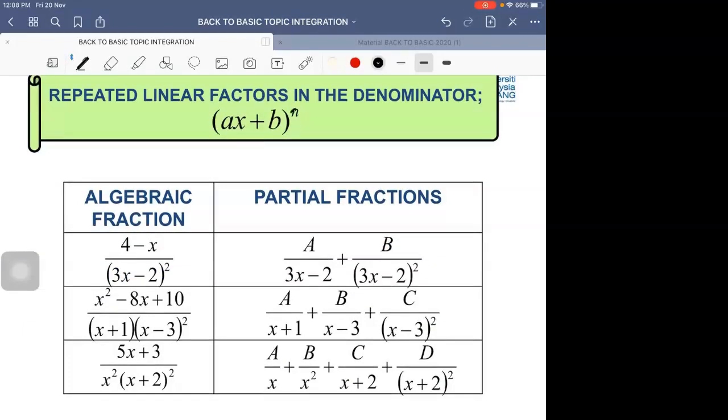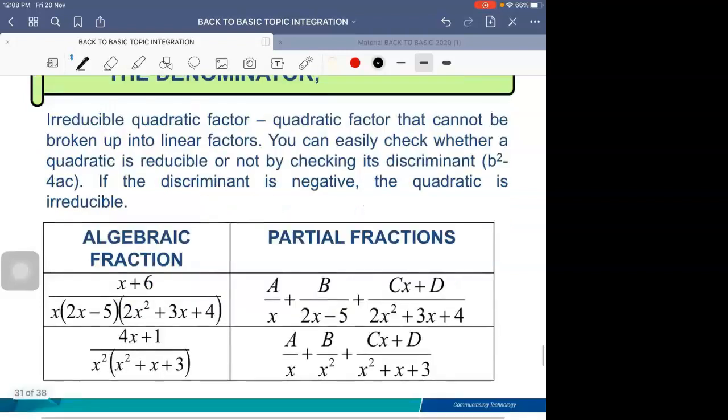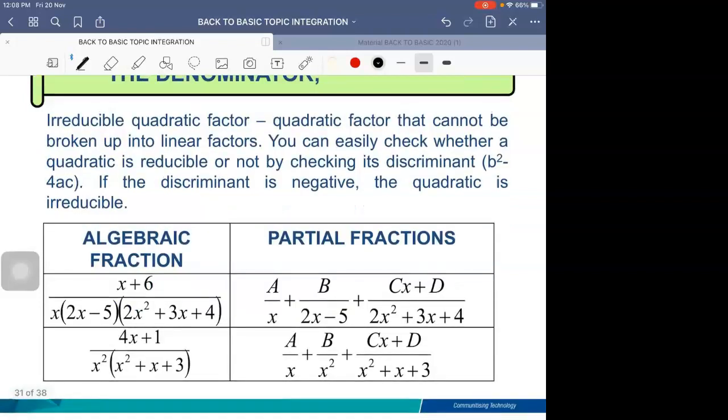You can look at the example here. I will give you this slide. And another one is when you have an irreducible quadratic factor. This means that your quadratic function cannot be factorized into two linear factors. If you have a quadratic function that cannot be factorized into two linear factors, we will use this. It means that you keep the denominator as a quadratic function, so your partial fraction should be like this.